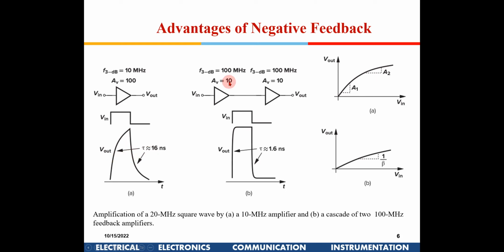Whereas here the gain is only 10, so this stage can handle from 0 to VDD/2, and this can handle from VDD/2 to VDD. Accordingly you can select the biasing point of these transistors in a more linear region of operation.